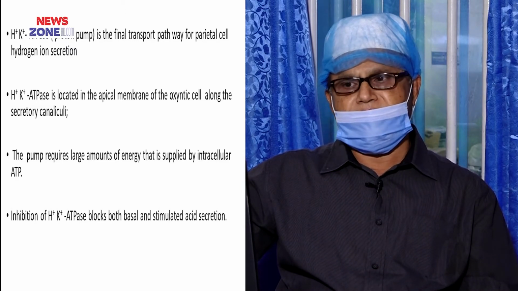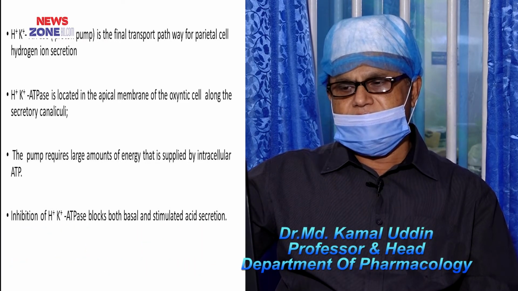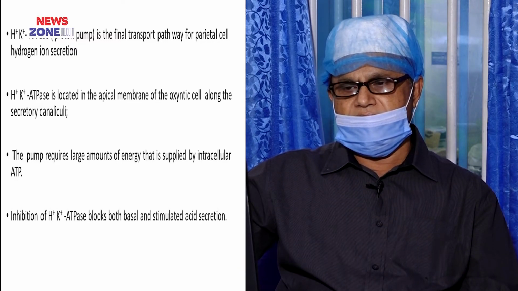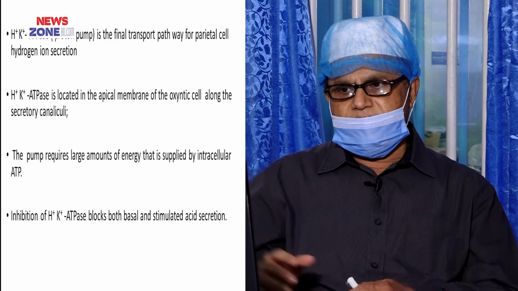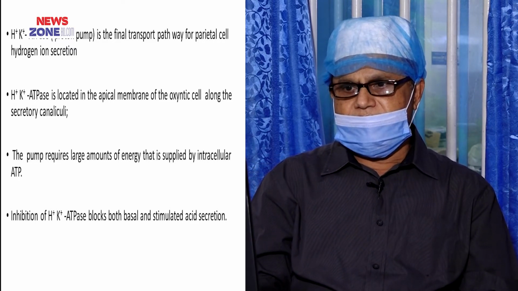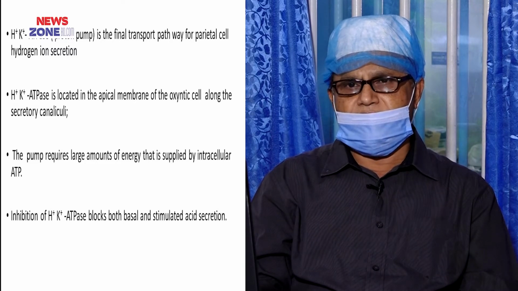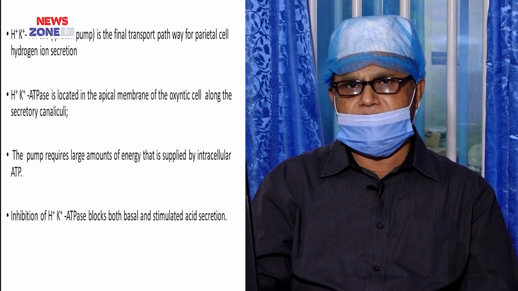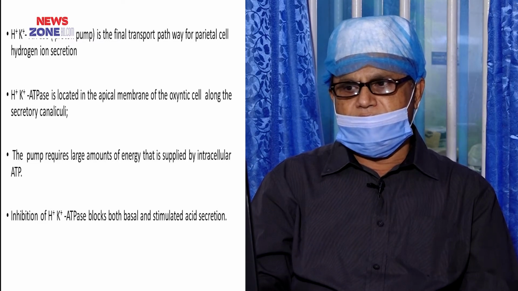It is located in the apical membrane of the parietal cell along the secretory canaliculi. The pump requires a large amount of energy that is supplied by intracellular ATP. Inhibition of hydrogen potassium ATPase blocks both basal and stimulated acid secretion.